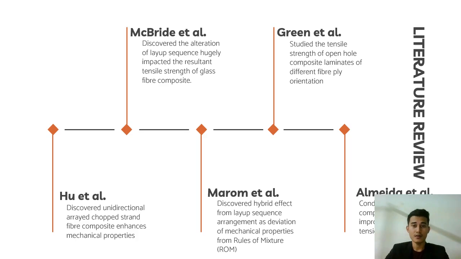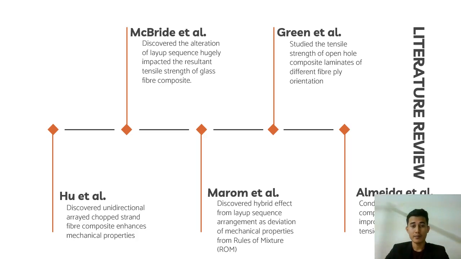The result gathered for the notch unidirectional array chop strand laminate was measured at 298 megapascal, which is about 60% of the strength of the un-notched unidirectional array chop strand laminate.